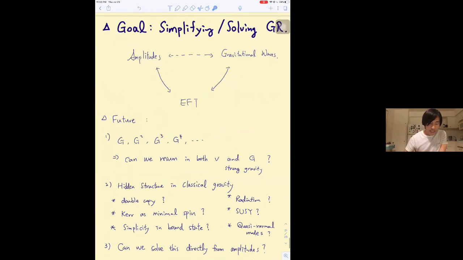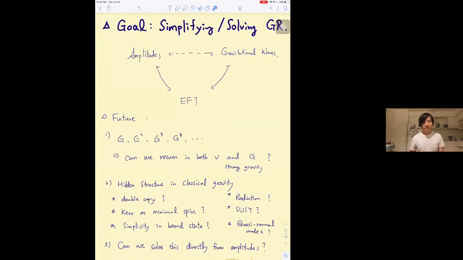But I think the goal today is to show that this new direction in the amplitudes community really is trying to simplify or solve GR. The particular approach here is: how do we start from amplitudes and go to gravitational waves or bound states?